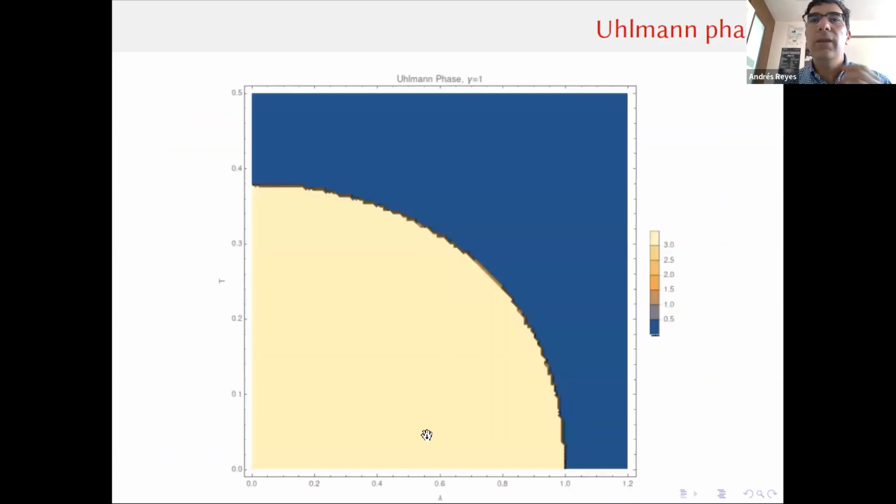So here we have a computation of this Uhlmann phase or geometric phase for a system with temperature in the Dabrowski-Grosse formulation. It is a little small here, but here we have the magnetic field for the XY model, and here in the vertical axis we have the temperature.